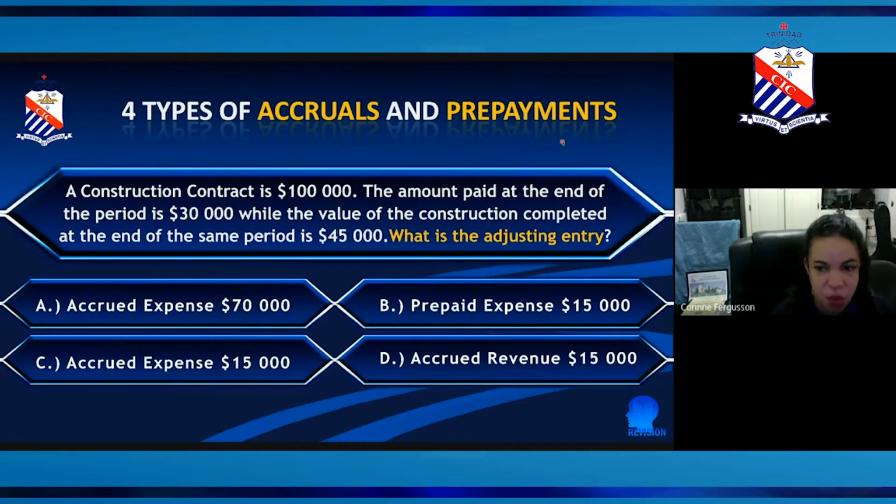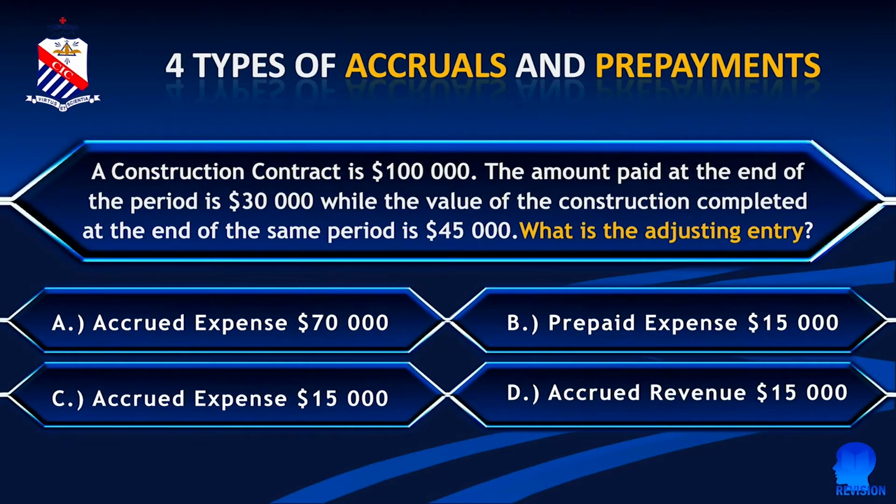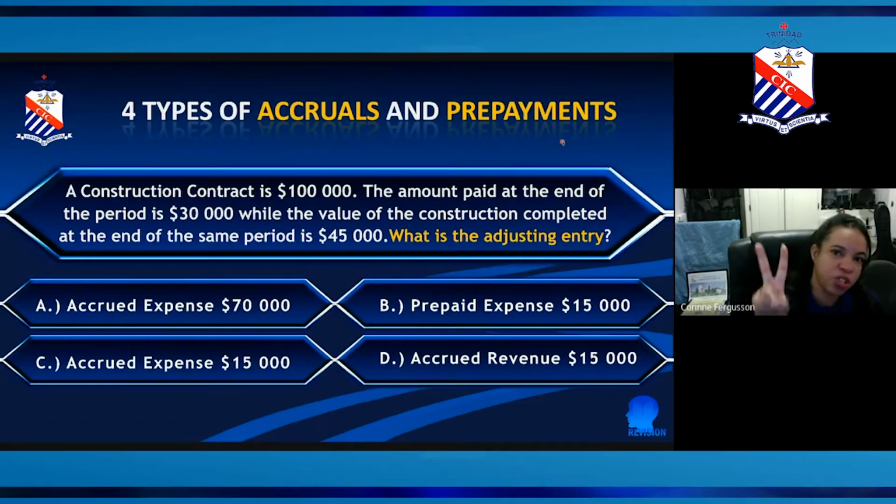What is the adjusting entry? For this question, why it might have confused people more is because we now have three figures rather than just two, and you had to know which two you were supposed to compare, and that is where some people kind of got caught.